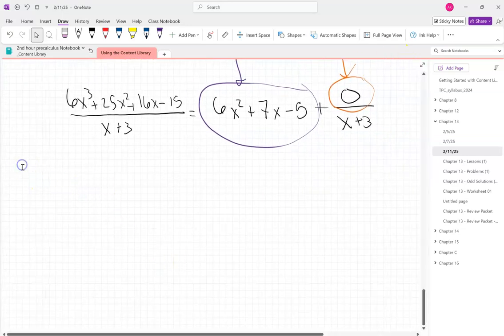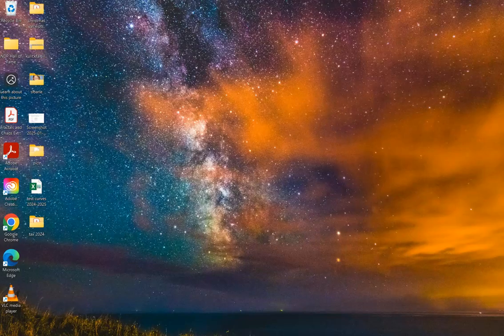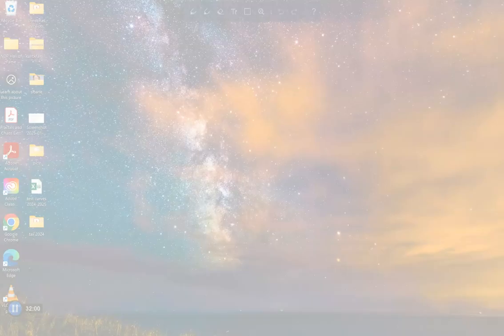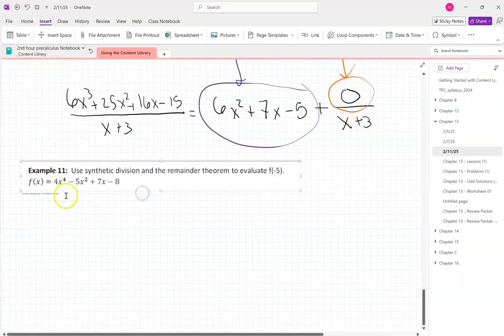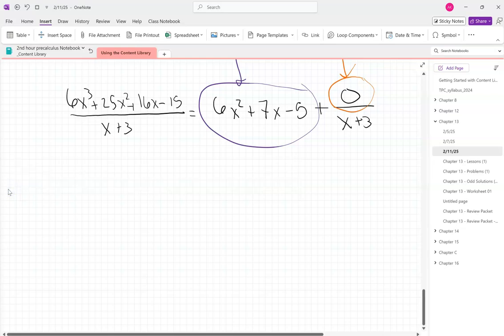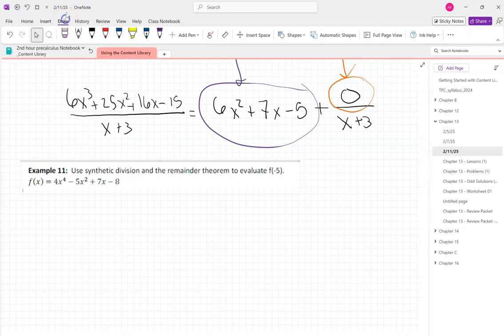So let's continue and do some more examples illustrating what I can do with this. It says here to use synthetic division and the remainder theorem to evaluate f of -5.